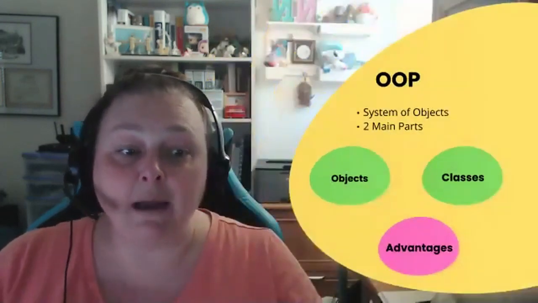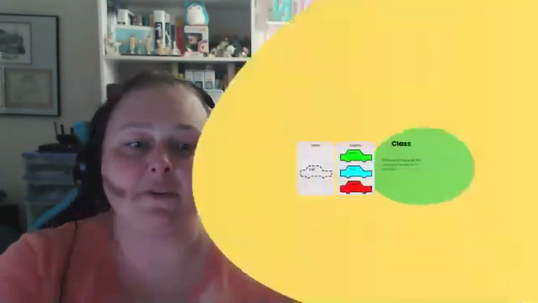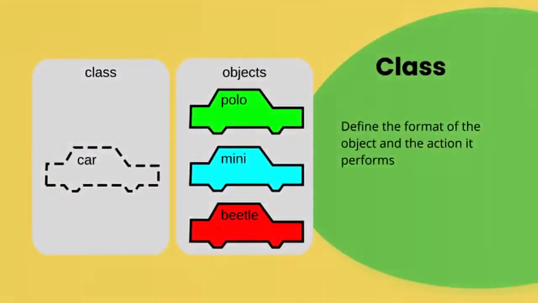Now, let's go back and talk about the difference between the classes. The class is going to define the format of the object and the actions it can perform. So the class is that car part. What is a car going to do? What is a car going to have? How is a car going to operate? Those are the things that the class is going to have.